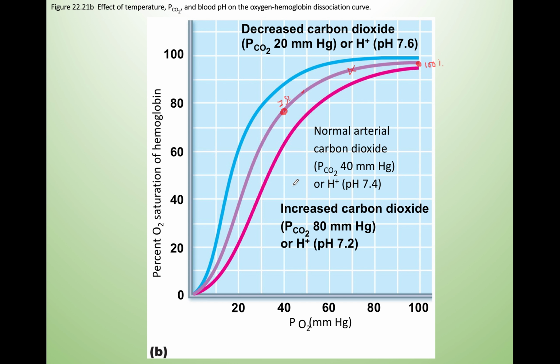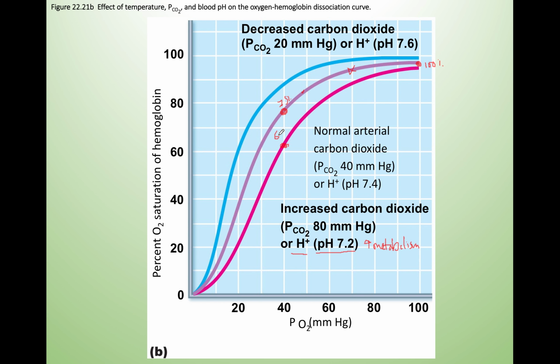So let's take a look at this. This graph right here is an increase in carbon dioxide, which is also the same thing as having high concentration of hydrogen ion, which is the same thing as your pH being low. And that also means high metabolism. So at 40, under normal condition, I'm about 75% saturated. But here at 40, what's my saturation?